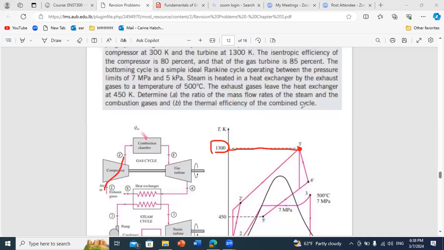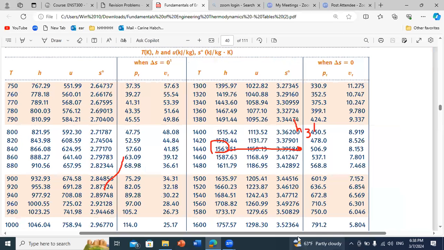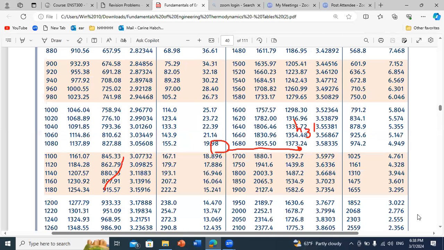So all you have to do now to get h3 prime is to go to your table, and at a temperature of 1300, you can read the enthalpy.